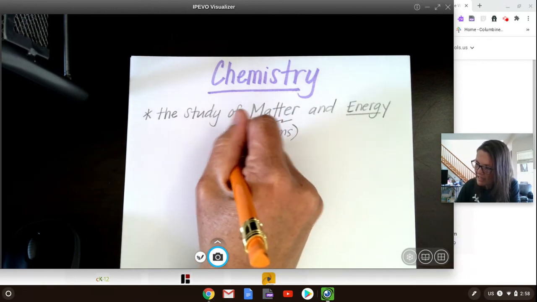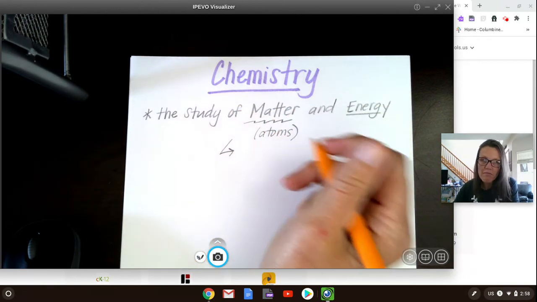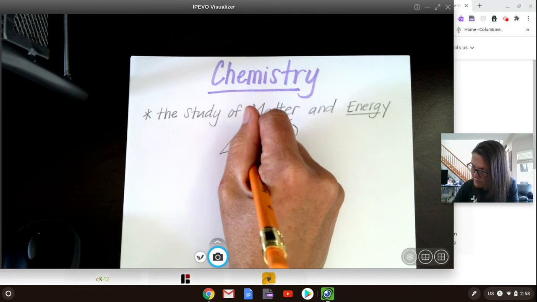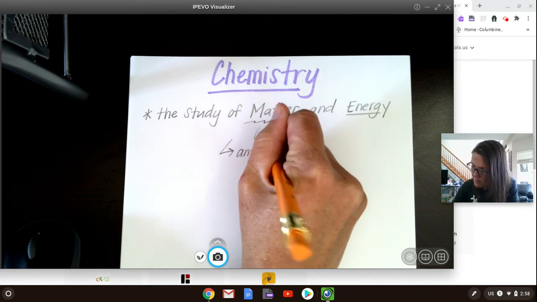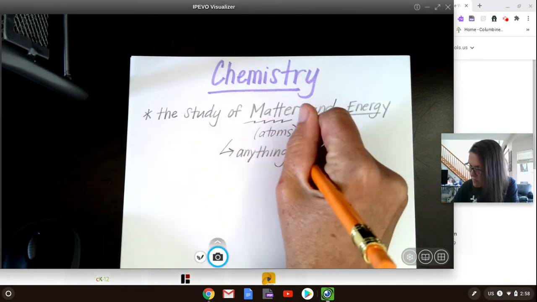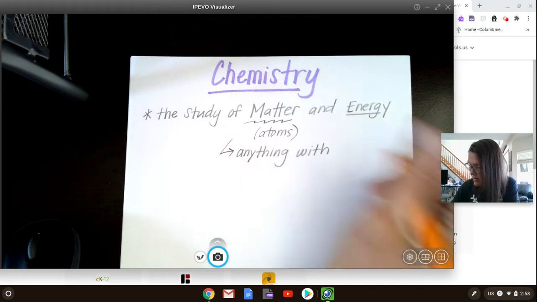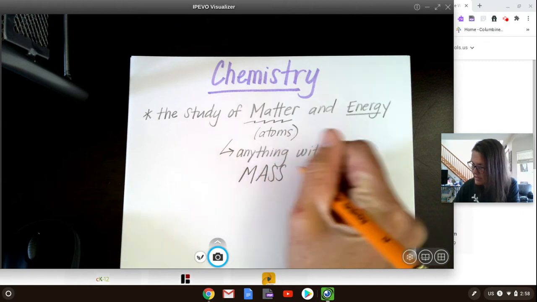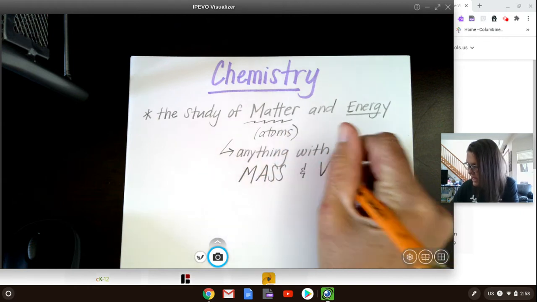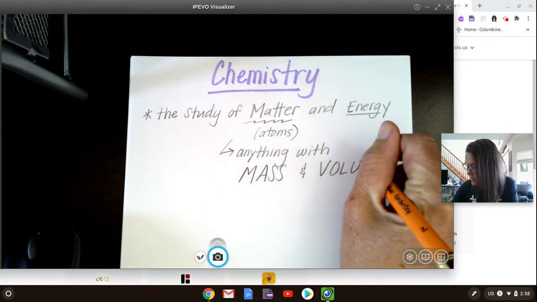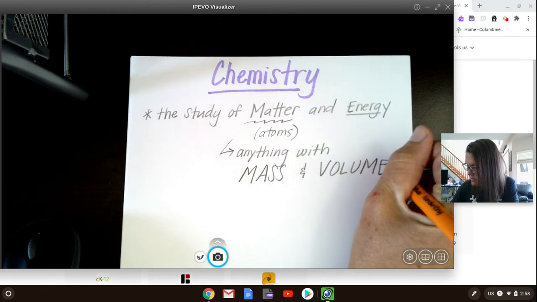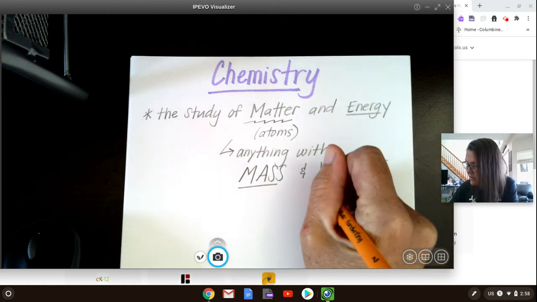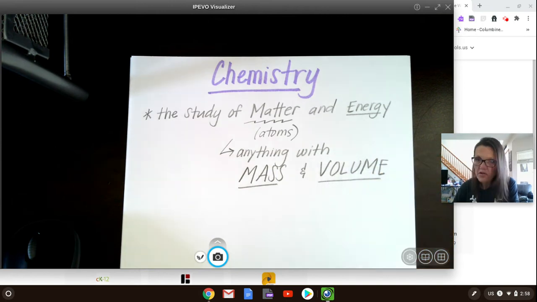Matter is really anything with mass, and it has to have both, volume. So this might be an even easier way to identify whether or not something is matter.